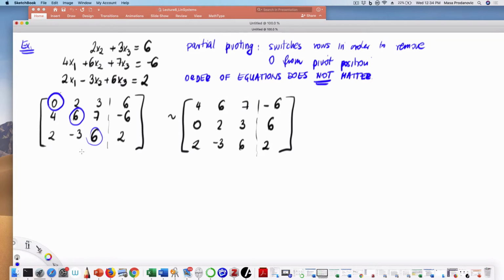Okay, now I can proceed. I already have a 0 in the second row. Great. Let's do this one. What would you want to replace this one with? R1 minus 2R3. R1 minus 2R3. That works.